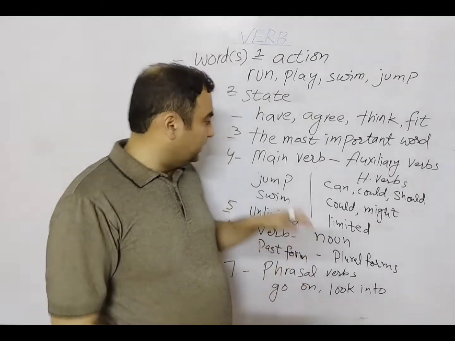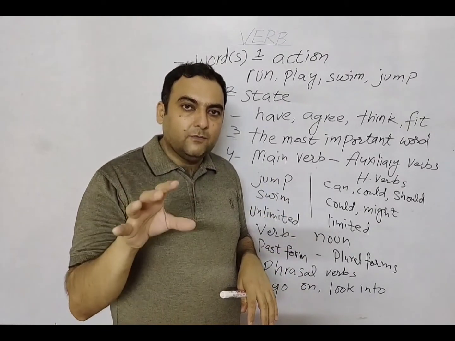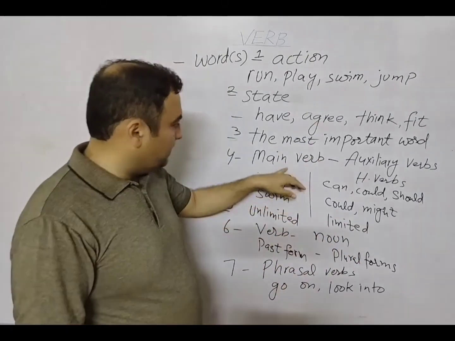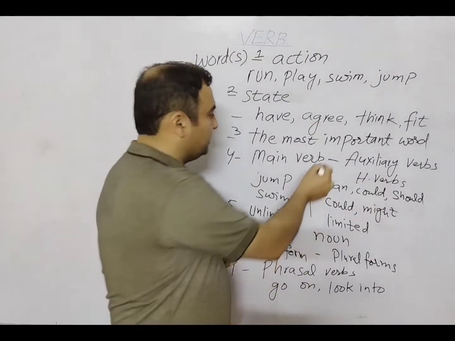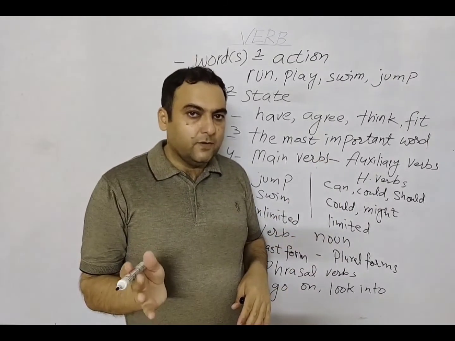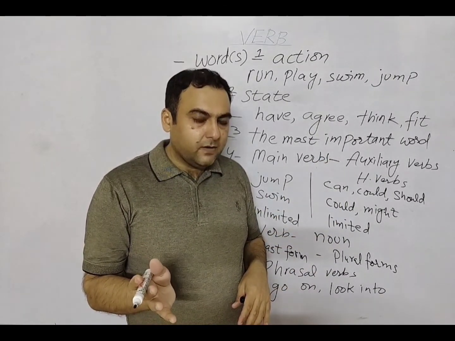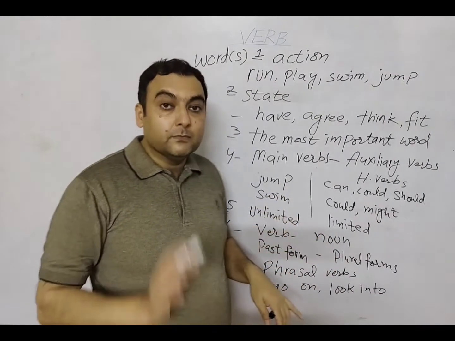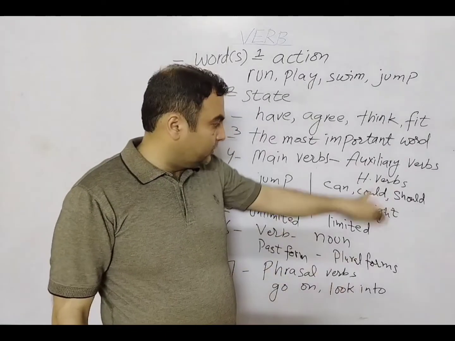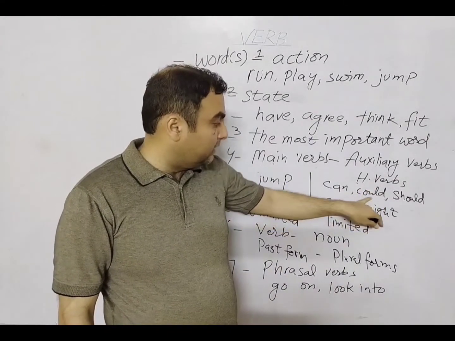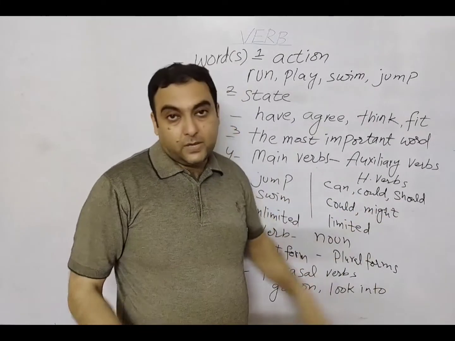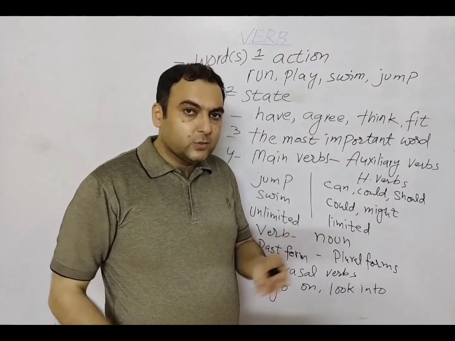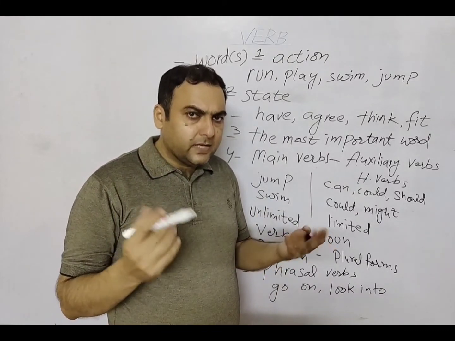The next point, the fourth point, is verbs can be divided into main verbs and auxiliary verbs. So a verb could be a main verb or an auxiliary verb. Main verbs are like jump, swim, read, write, and auxiliary verbs or helping verbs are like can, could, shall, should, may, might. These are auxiliary verbs. What is the difference? Well, there are lots of differences and there are similarities as well.